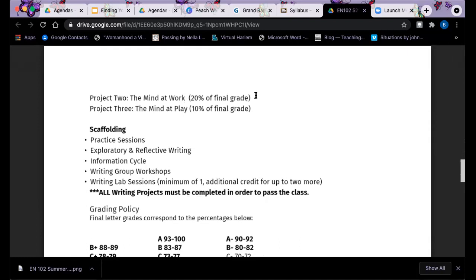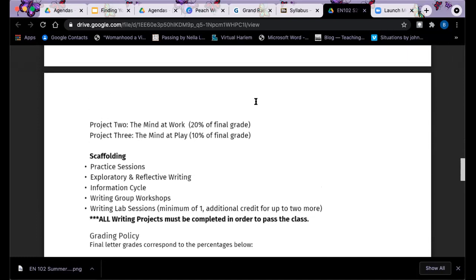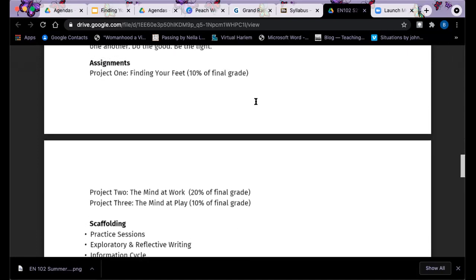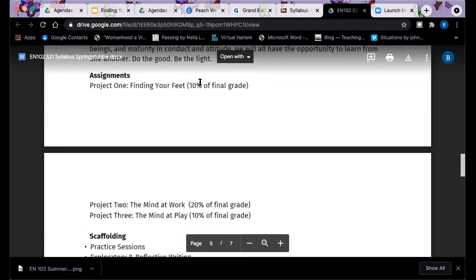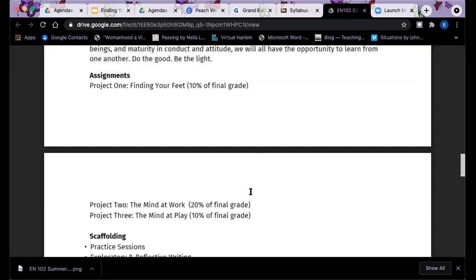It's 20% of your final grade, and it will be an argument that is built off of this work you do in Project 1. So when you turn in Project 2, you will be submitting your literature review from Project 1 completed by your argument essay for Project 2. So they will go together.